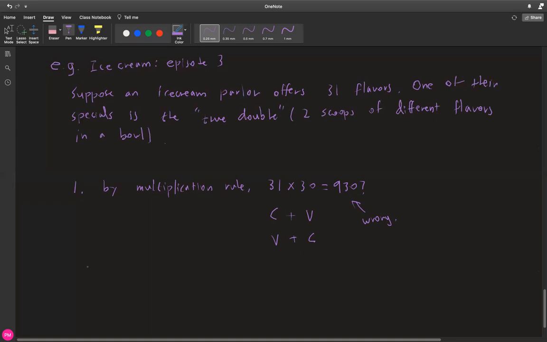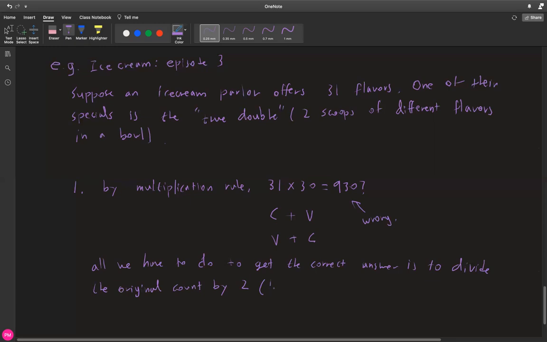So all we have to do to get the correct answer is to divide the original count by 2.